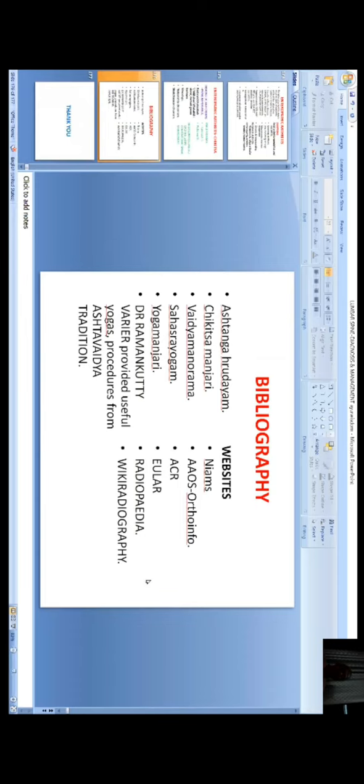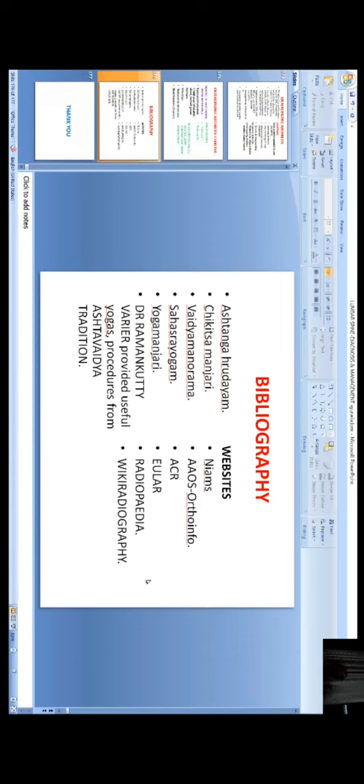So I think now it is the references: Ashtanga Hridaya, Chikitsa Manjari, Vaidya Manoharama, Sastra Yogam, then documents from Ashtavaidya tradition. Then you can refer to websites NIAMS by US government, AAOS, that is Ortho Info by American Academy of Orthopedic Surgeons.